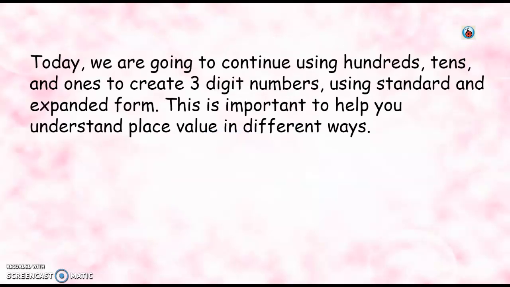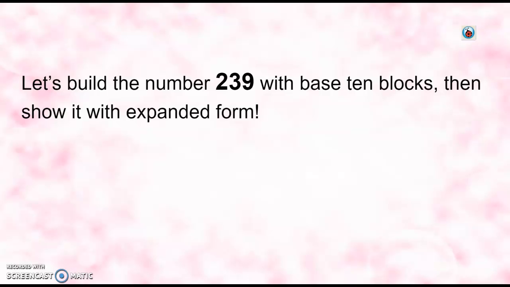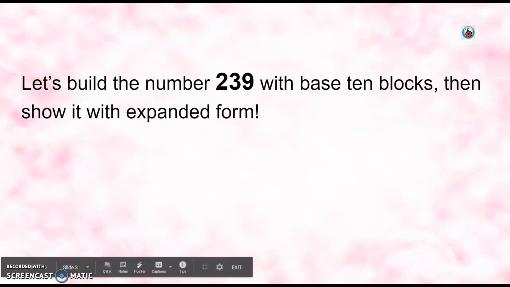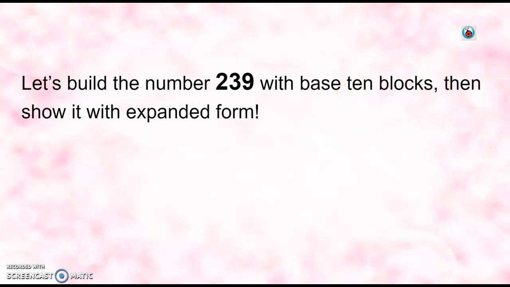Today we're going to be talking about creating a three-digit number using hundreds, tens, and ones, using expanded form and standard form. This number right here, 239, we're going to build it using base 10 blocks and then using expanded form.